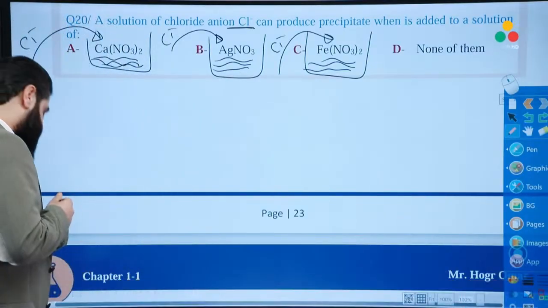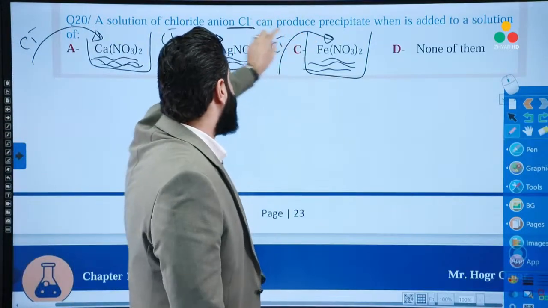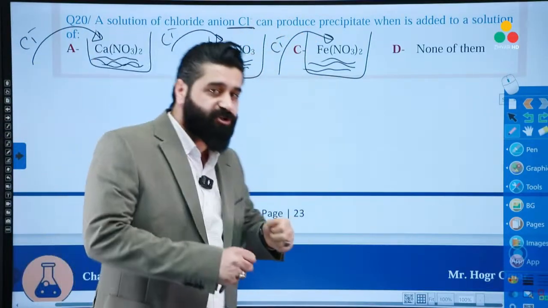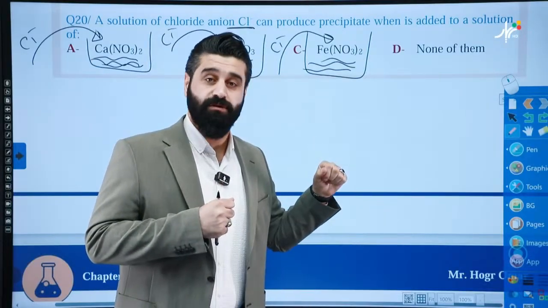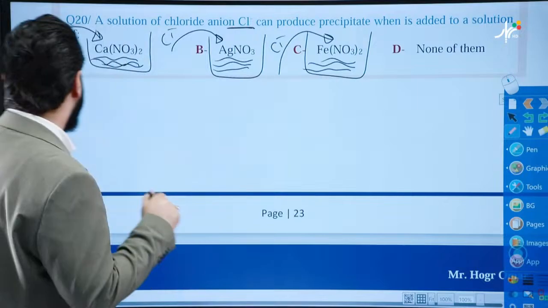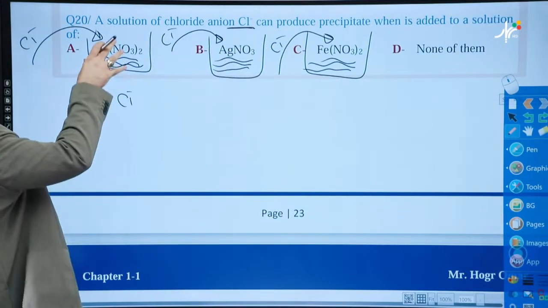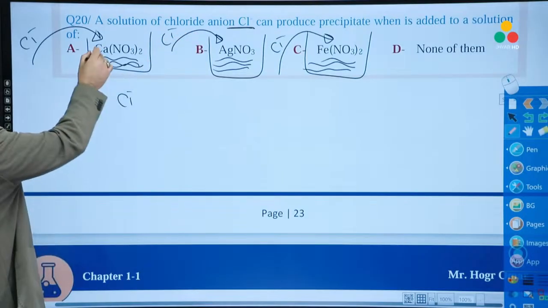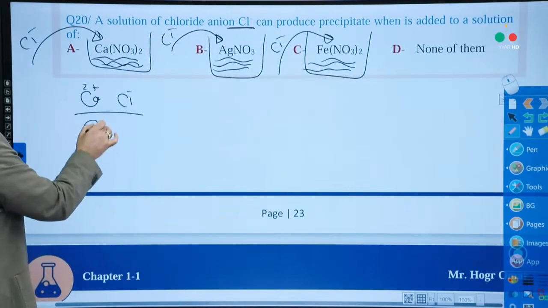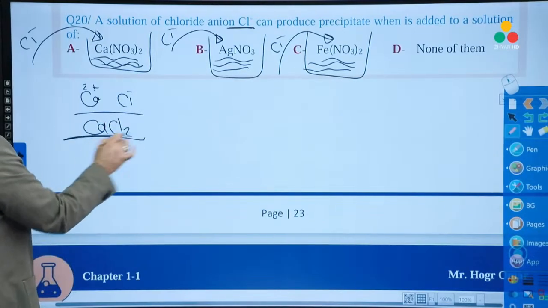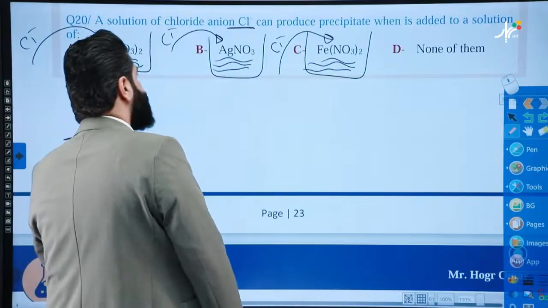Look, how to answer this. Or I can change the form of the question: Cl can produce maximum attraction force with the following solutions. Because Cl is a negative ion, we should bring the positive part of all solutions. The positive part here is Ca+2. The compound will become CaCl2. This is aqueous. Wrong. How about this? AgNO3.